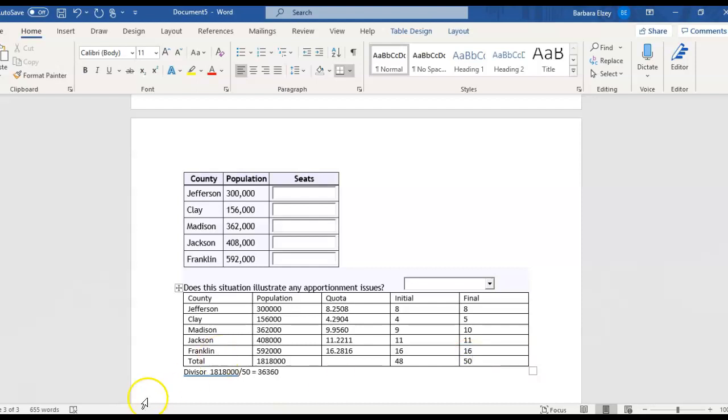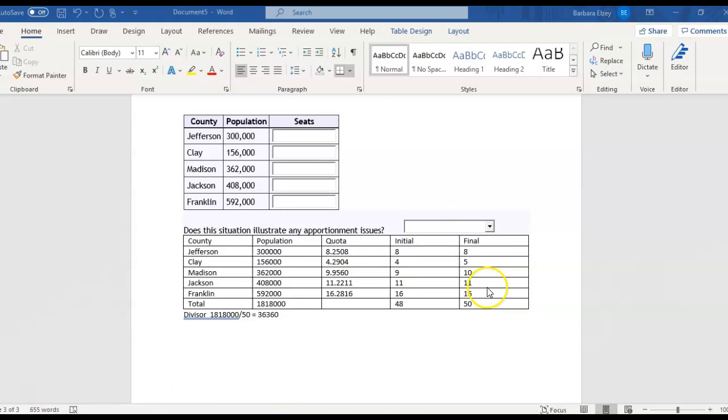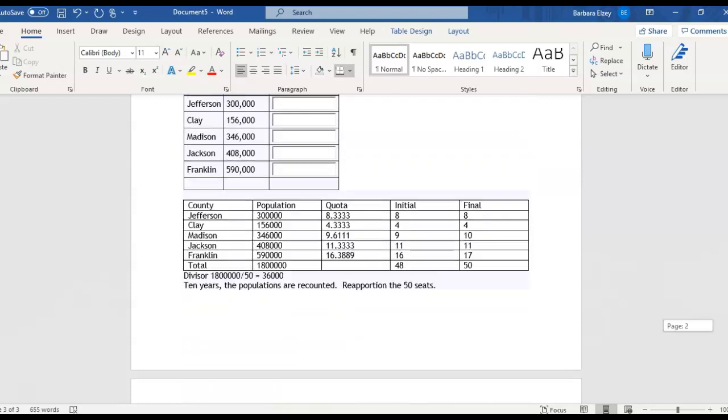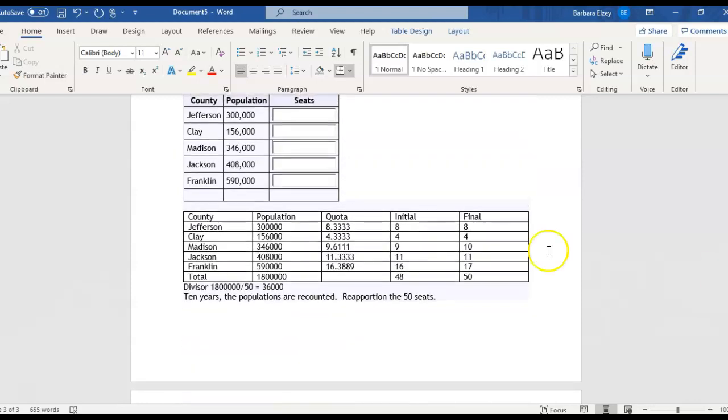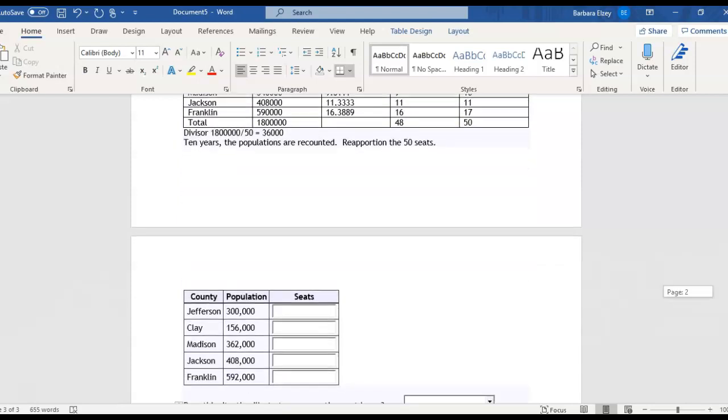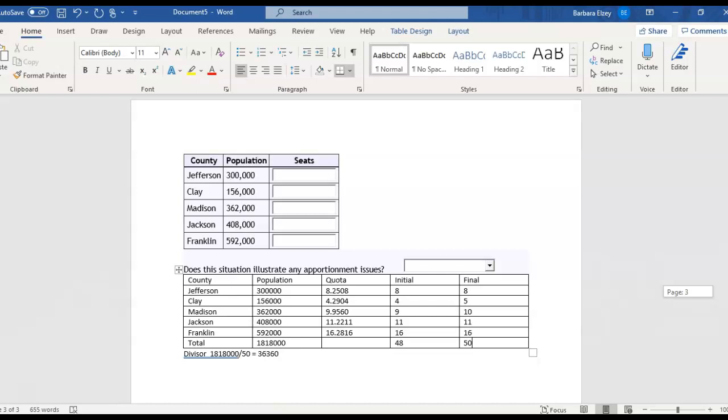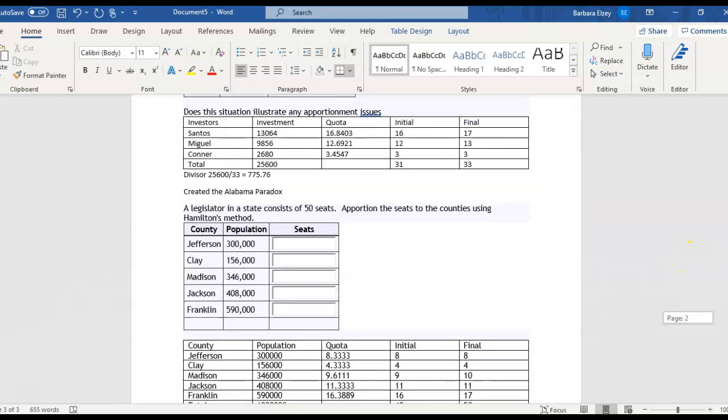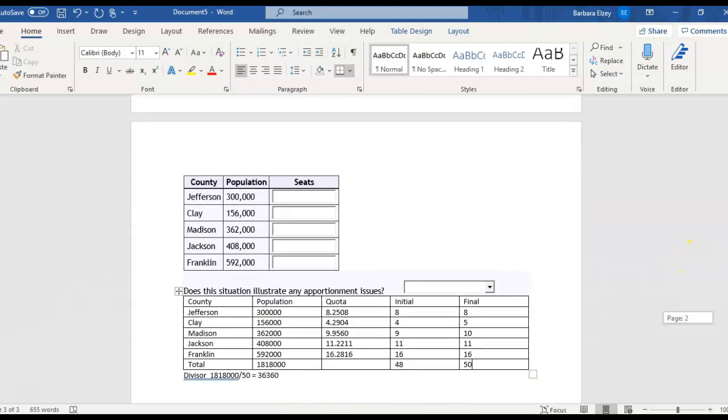All right, so let's compare this to what we had above. Let's look up at our previous allocations. Notice that Clay gained a seat, even though Clay's population didn't change at all. It went from 156,000 to 156,000, no change, but it got another seat.